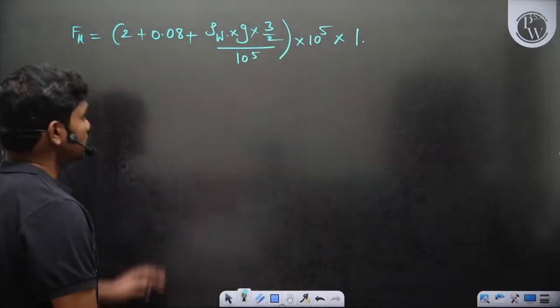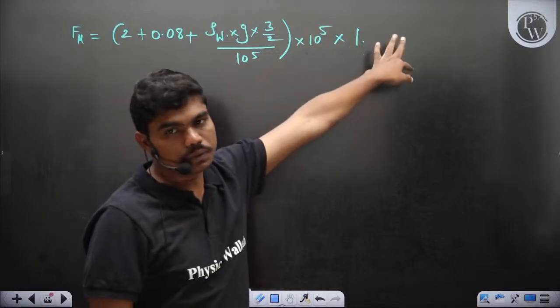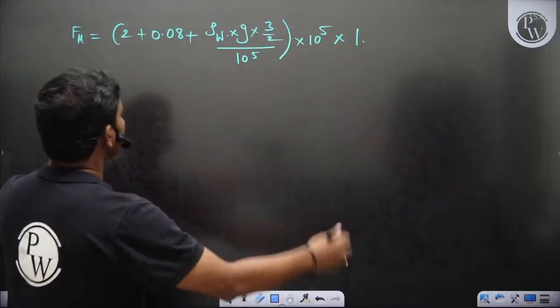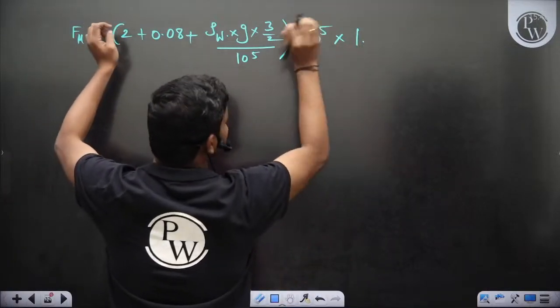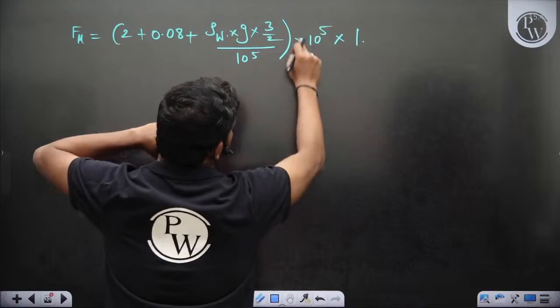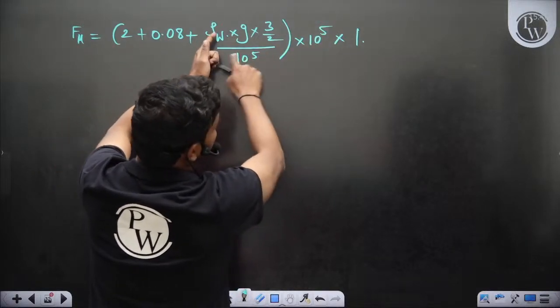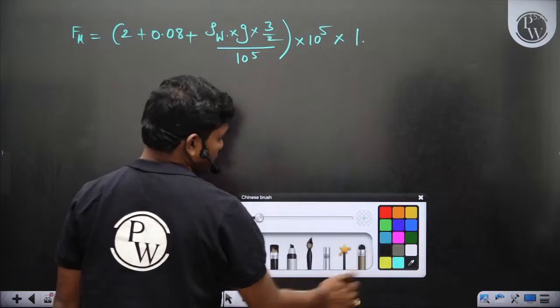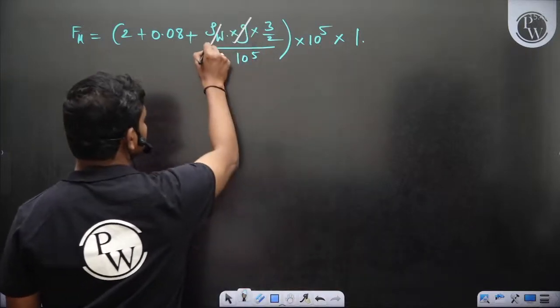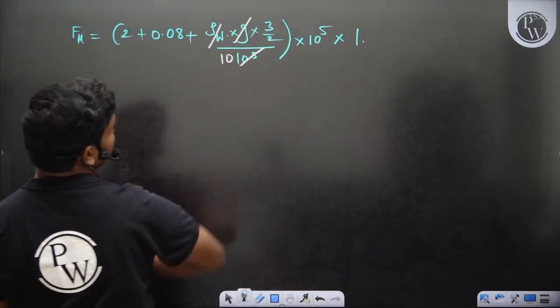This is the pressure at the centroidal location in pascals. Since I am taking 10 power 5 common, I should divide this by 10 power 5 also. Clearly g is 10 and density of water is 1000, so it gives 10 times here.